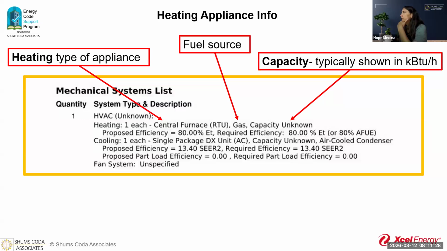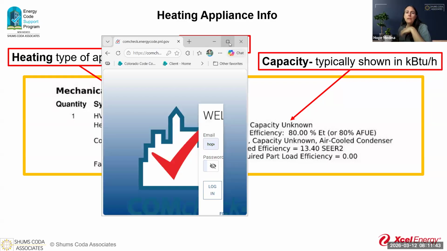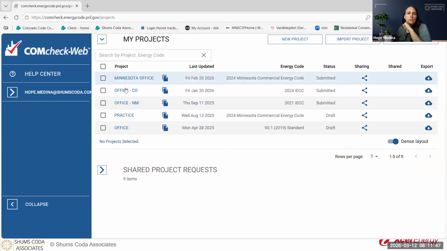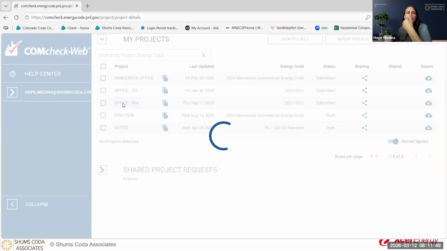We could potentially go into COMcheck and see if it actually will show up. I was just in there and it wasn't working, so I don't want to promise that it's going to work. So if we come here, we'll log in. So let's go to our New Mexico office.